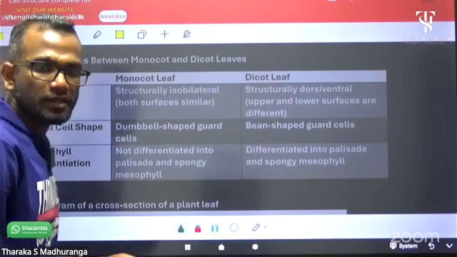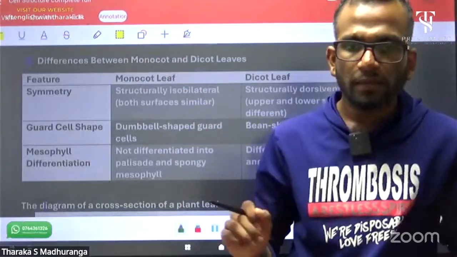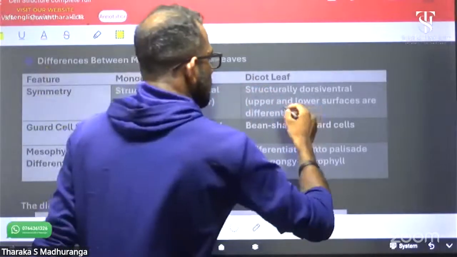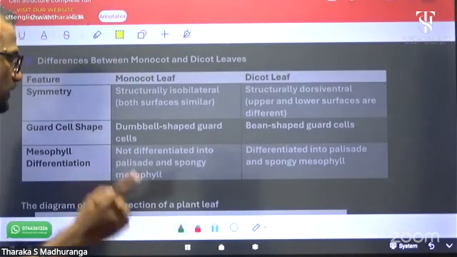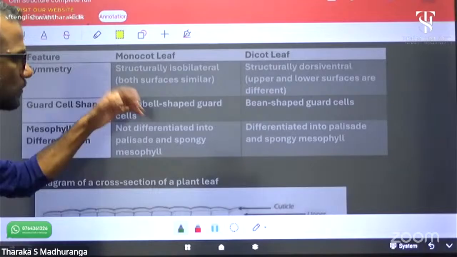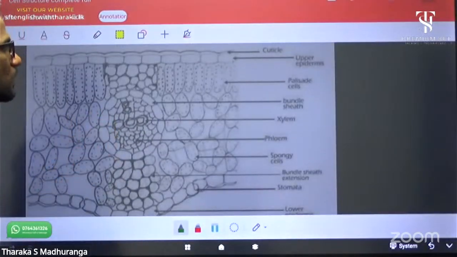Both surfaces, the upward and downward surfaces, are similar. But in a dicotyledon leaf, the upper and lower surfaces are different. I will explain what the differences are. Then after discussing these structures, you can get the full idea.